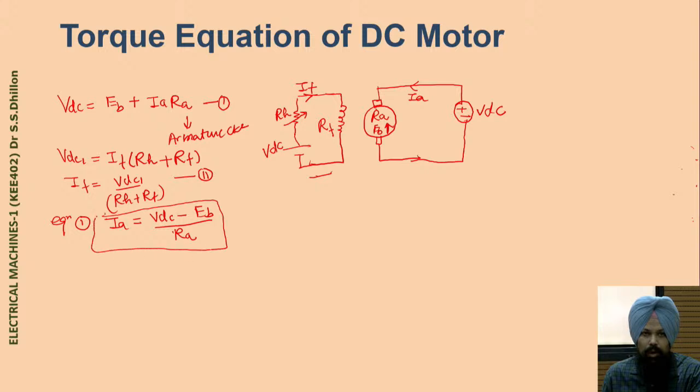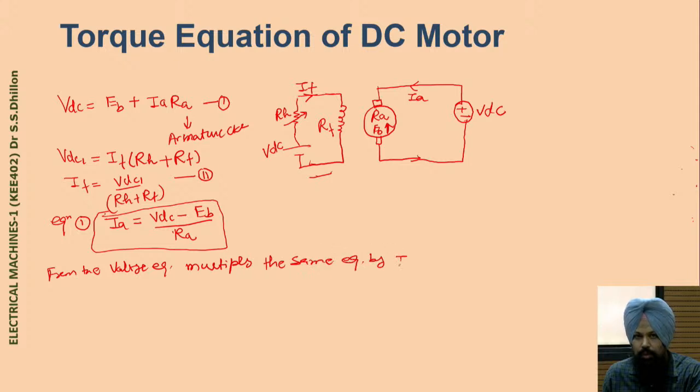From the voltage equation of the armature, multiply the same equation by the armature current Ia, so as to get the power equation.